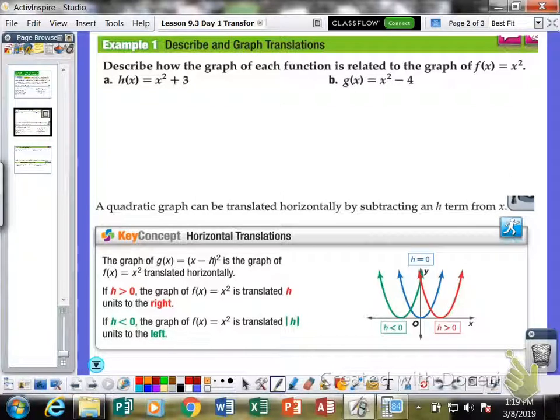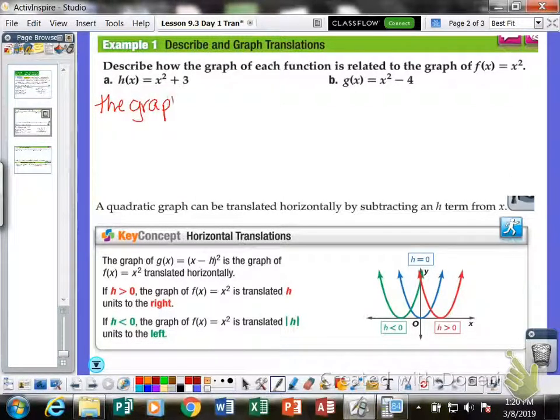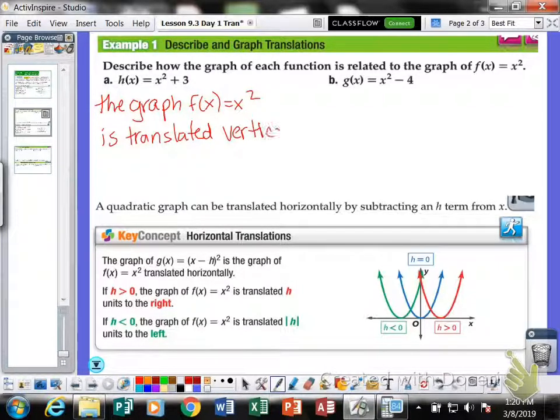So we would say the graph of f of x equals x squared is translated vertically 3 units up.